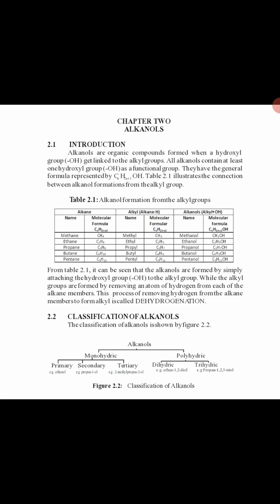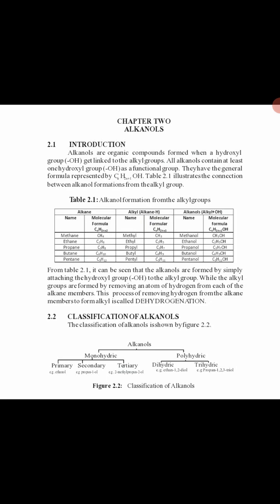Now, what are alkanols? They are compounds formed when a hydroxyl group, which is an OH group, is linked to an alkyl group. What are alkyl groups? Alkyl groups are groups of organic compounds derived from the alkane groups.